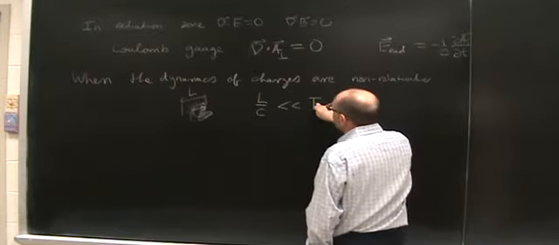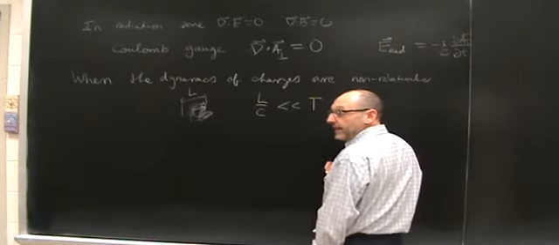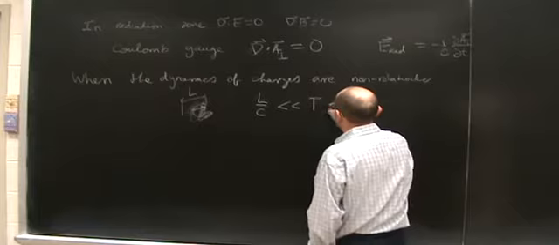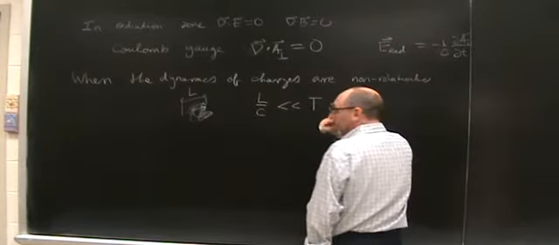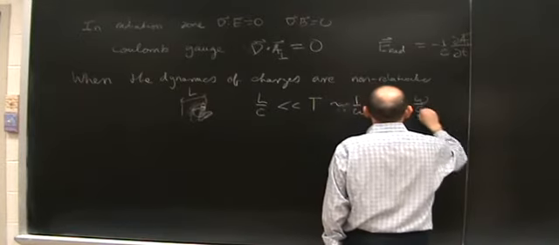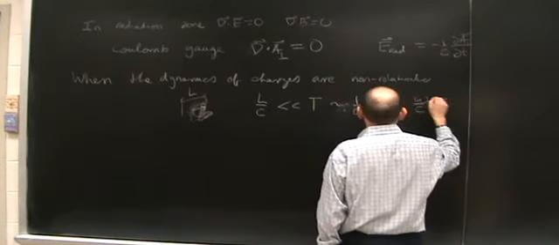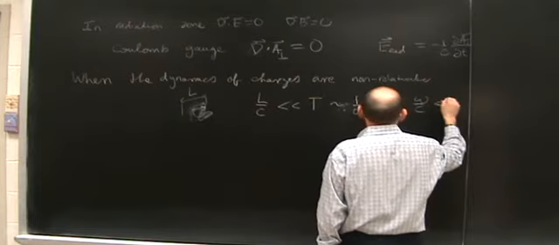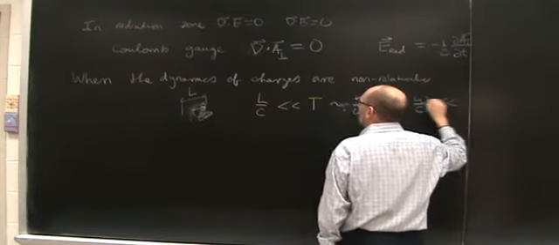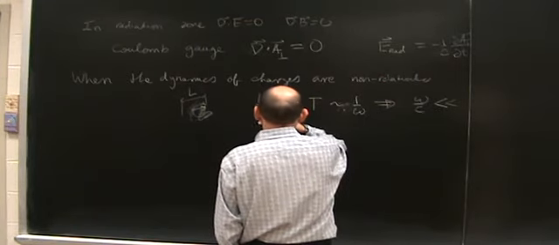that's equivalent to saying that if I think about the charges oscillating with some frequency omega, so this goes like 1 over omega, this is saying that omega over c is much less than, wait, do I have this upside down? Hold on a second.